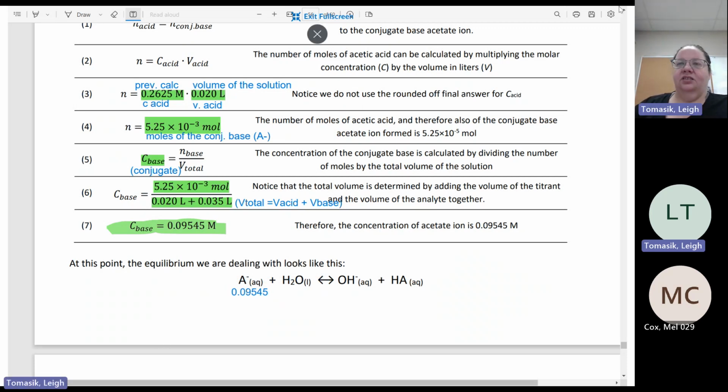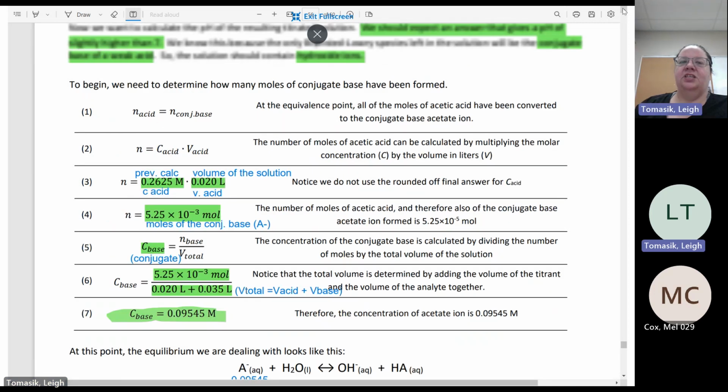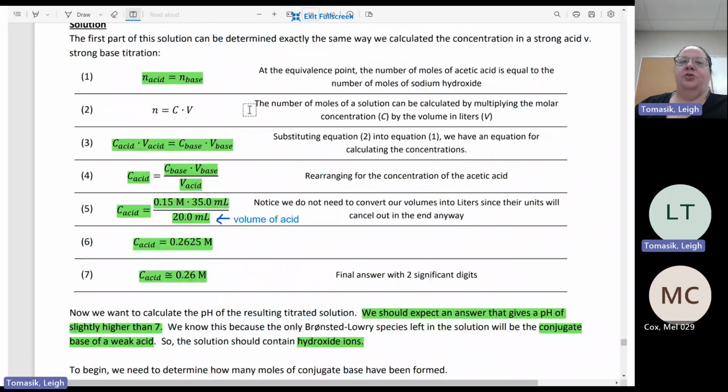So the first thing you do is find the concentration of the acid, and you use C acid times V acid equals C base times V base. We find the concentration of the acid.